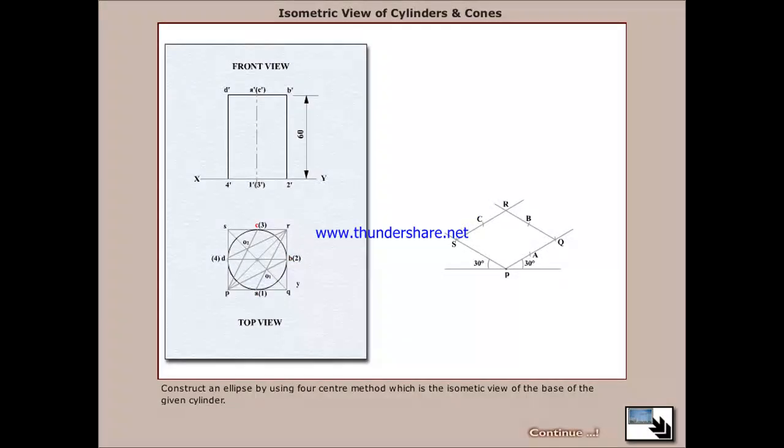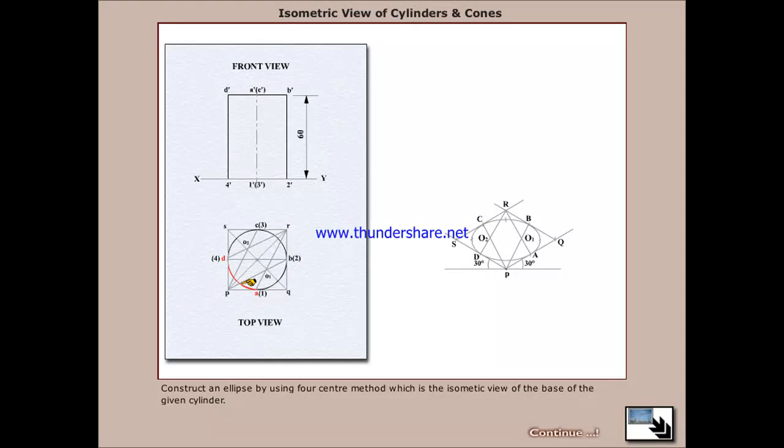Now construct an ellipse using the four center method, which is the isometric view of the base of the given cylinder. This is the four center method, that is, four centers. Draw lines to the opposite corners.